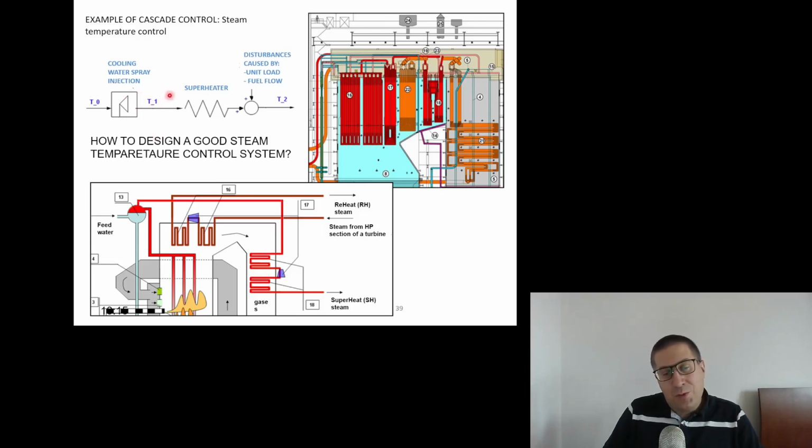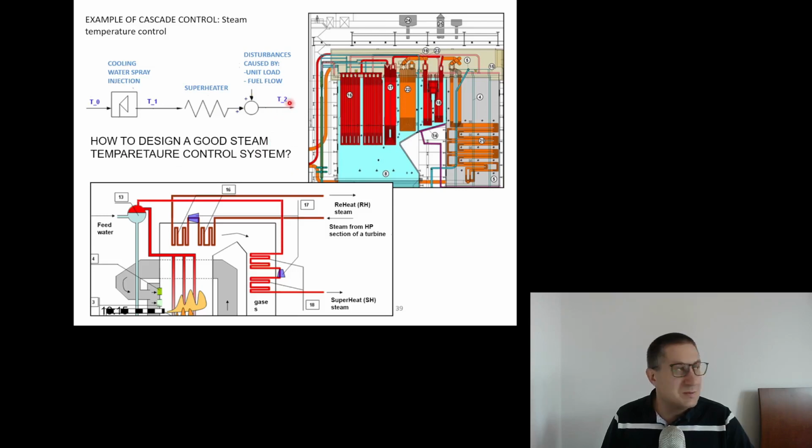So if we would like to control this temperature before the superheater, we can have a very fast and accurate control loop. But with this one, T2, it's harder. It's much harder. We will need to have a more gentle, slower control loop.